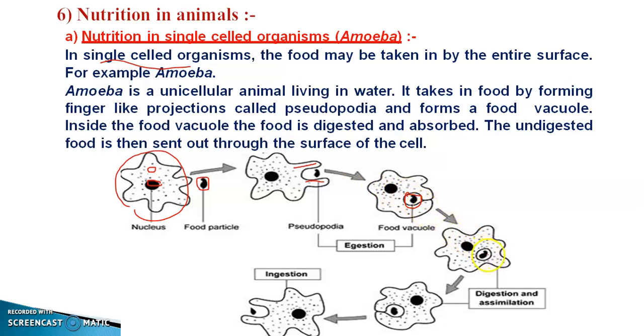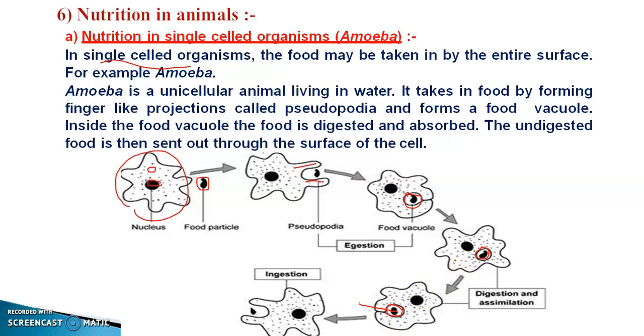After grabbing, this food material is digested and assimilated inside the cell of amoeba, which means inside the amoeba, digestion and assimilation, both steps are going on. After the digestion, the residual waste product is excreted out from the body of amoeba.